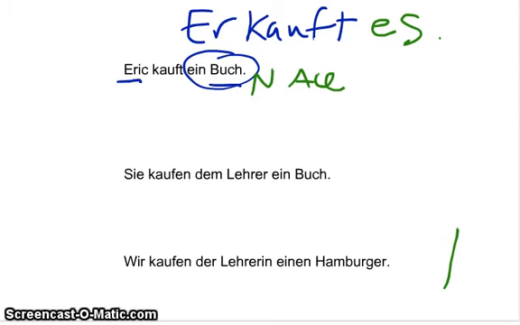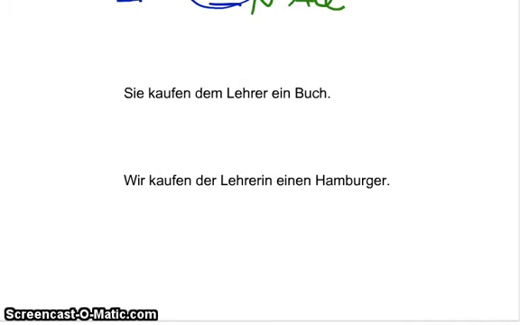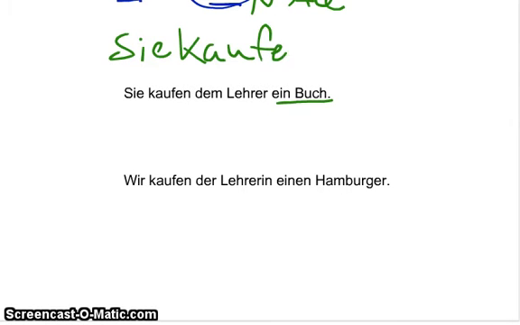In this next example, we're going to go ahead and look at they buy the teacher a book. So instead of saying they buy the teacher a book, let's say they buy the teacher it. So we're just going to replace ein Buch. So they buy, remember, one pronoun first.